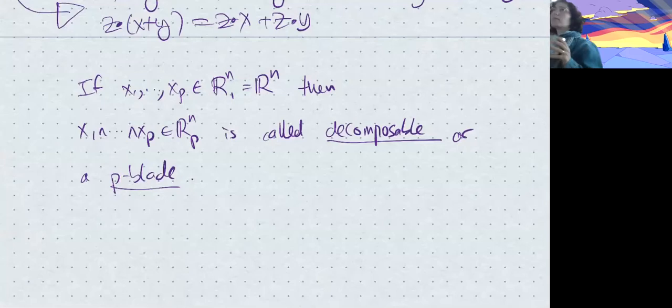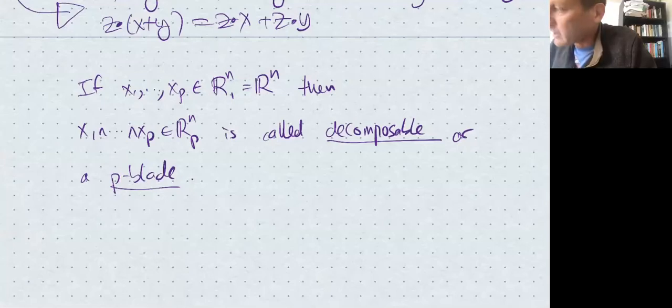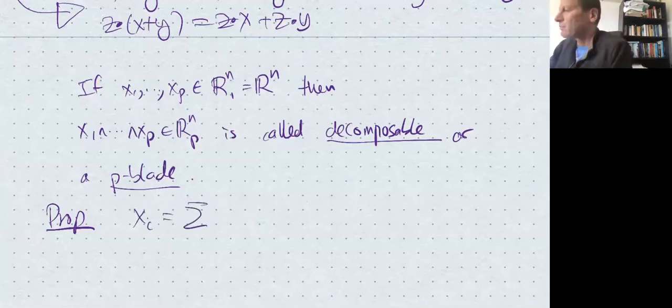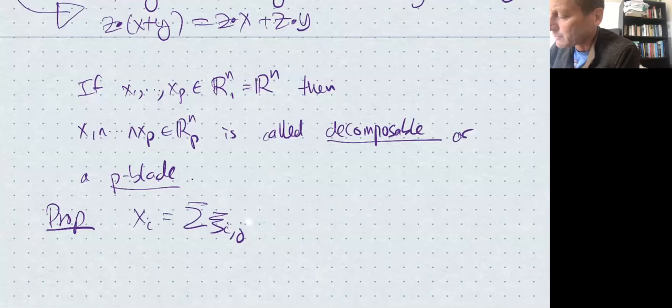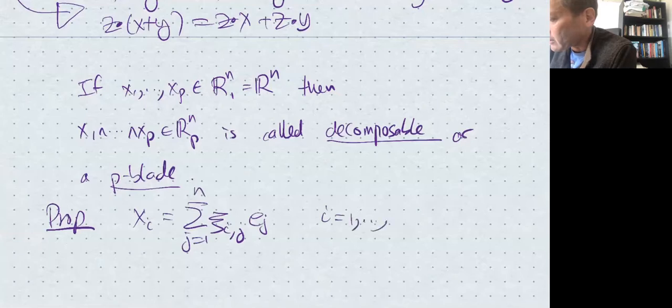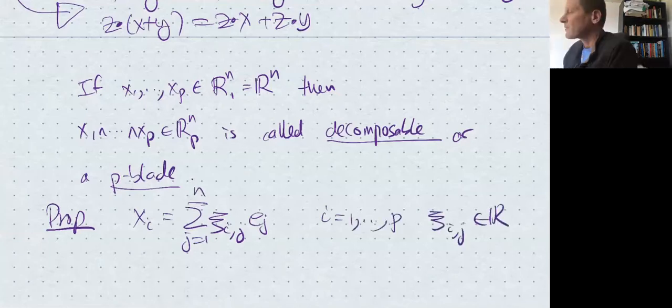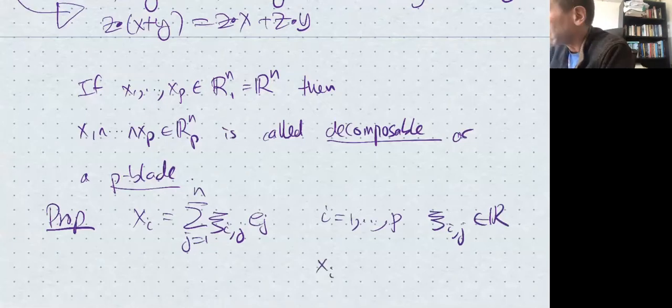I'm going to take x_i, and I'm going to write x_i as a linear combination of the standard basis vectors, where the c_ij's are real numbers. So, for example, x_i is a column vector that looks like this.